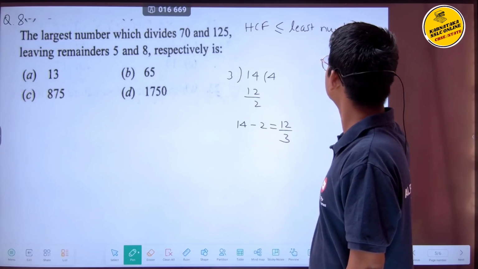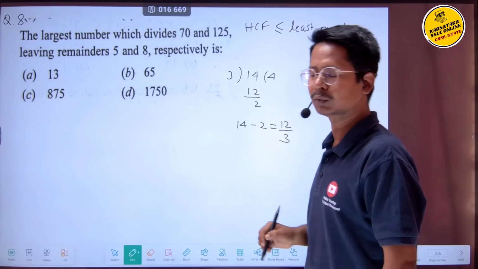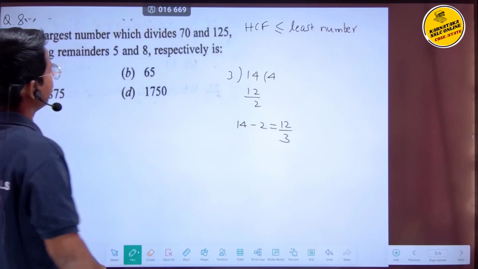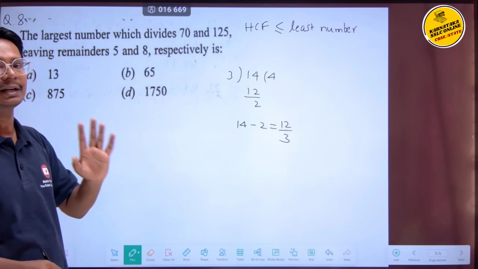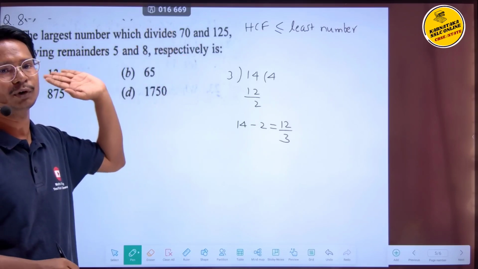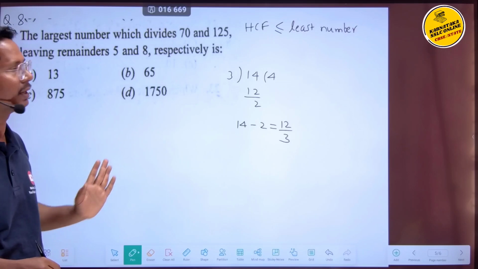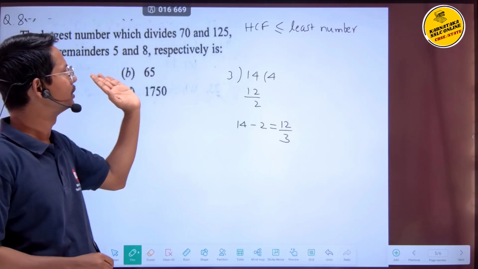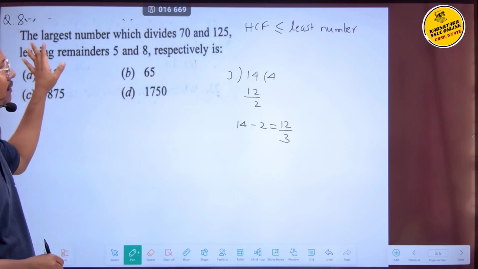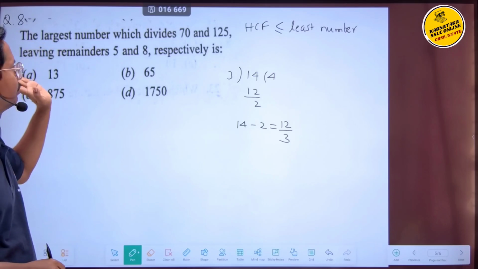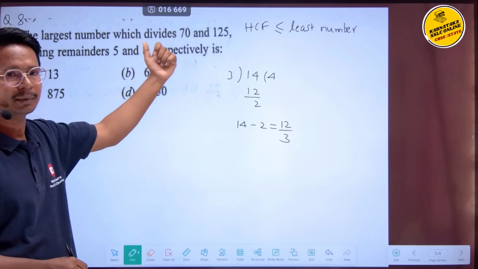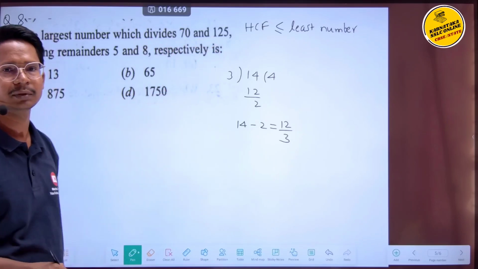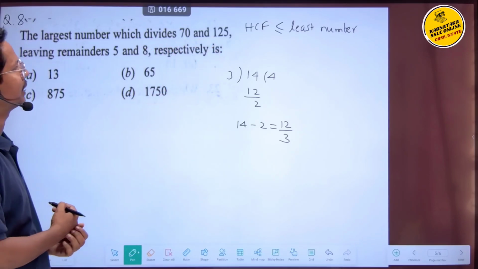So the largest number which divides these two numbers should be less than 125. This indicates that we need to find the HCF, because the number which divides these two should be lesser than these two. So I'll go with finding the HCF.